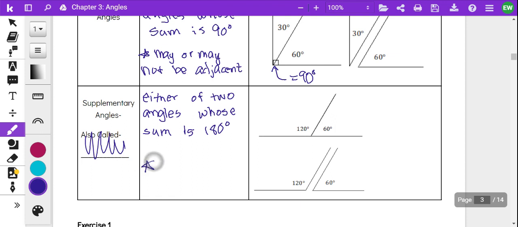Again, these may or may not be adjacent.